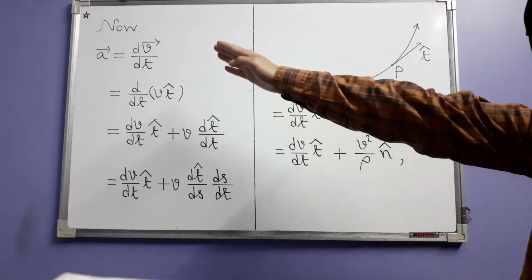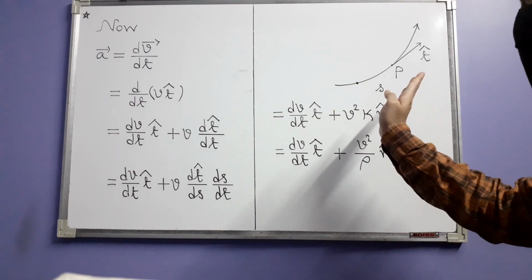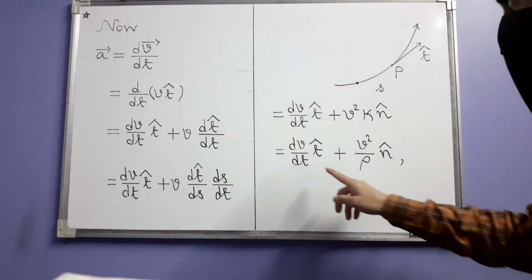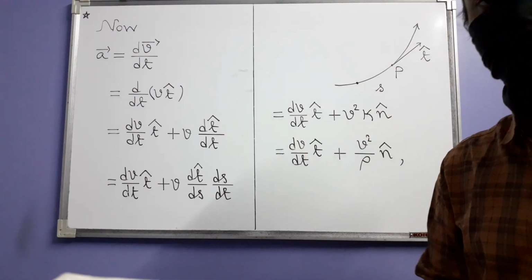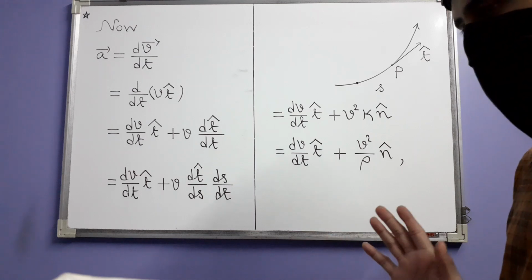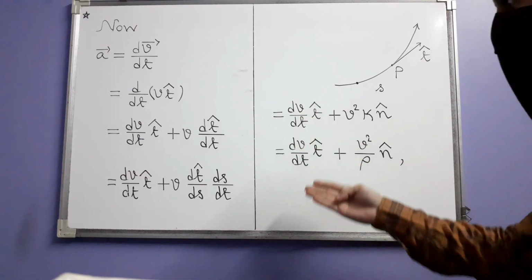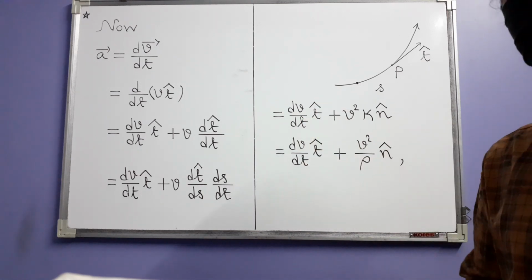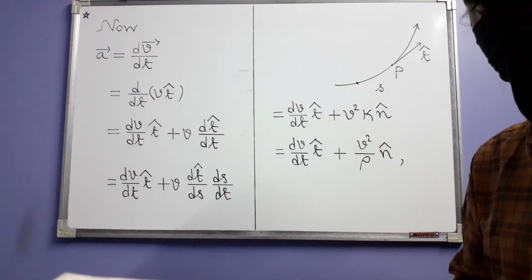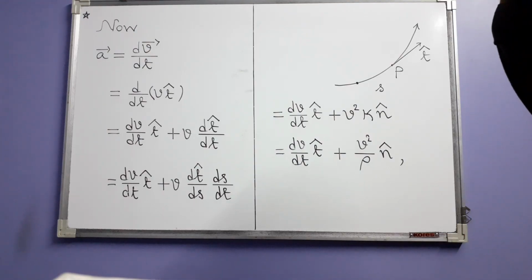So the acceleration vector points neither in this direction nor in this direction, but it's a linear combination of these two vectors. It points in some direction depending on how large or how small these coefficients are.